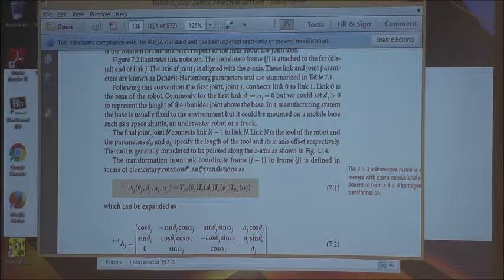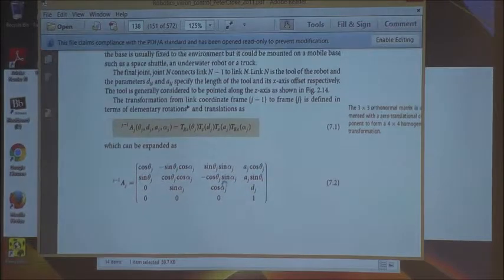The configuration that you saw in the slide is the opposite of this. But the following answer comes out anyhow, and that is typically what we call the DH matrix.